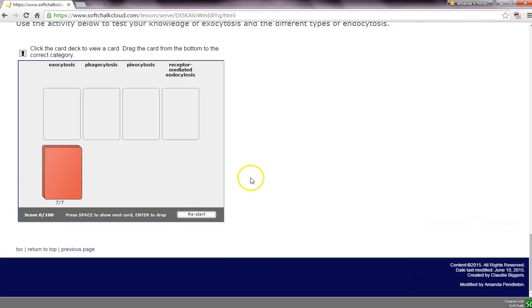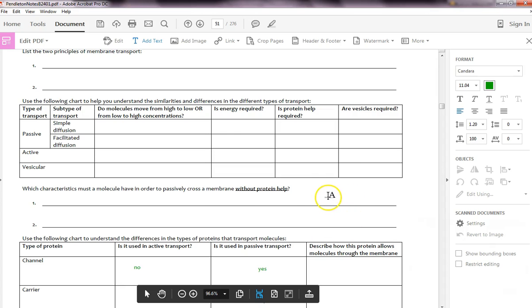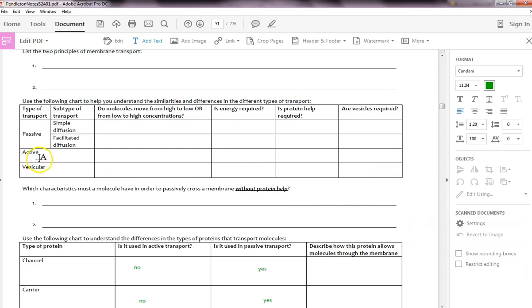Okay, so let's go here for a minute to our notes, and let's go back to this chart and remind ourselves. Hopefully you know passive and active from what we talked about on previous pages of the homework, but just in case you're confused, passive and active do not require vesicles.